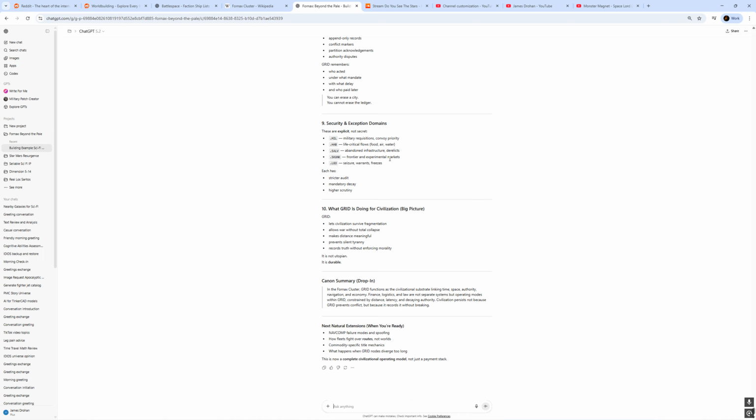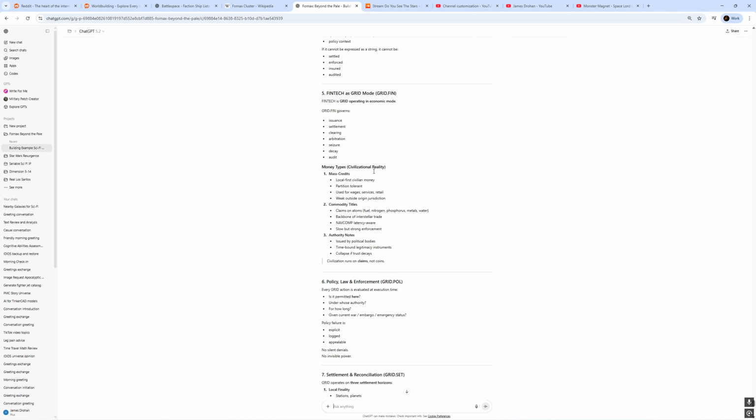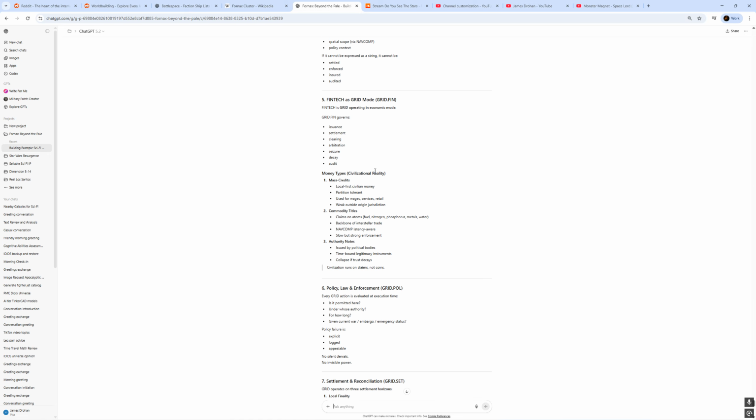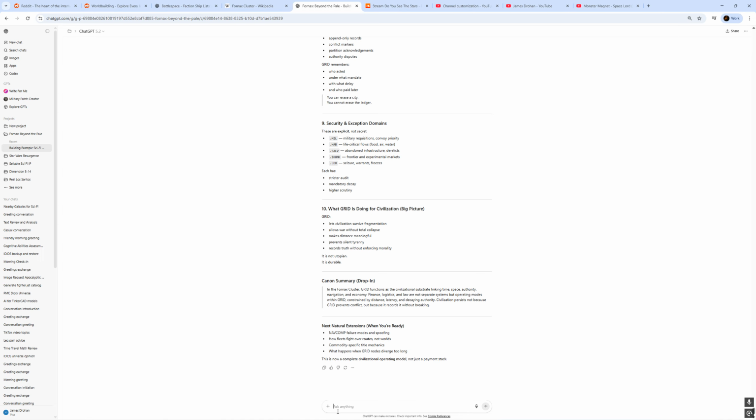So does it have a security exception in domains? Where's the grid.f? Maybe it doesn't understand. Okay, grid fin. No. You are totally misreading what I am asking.